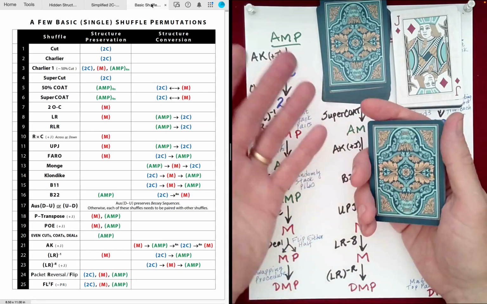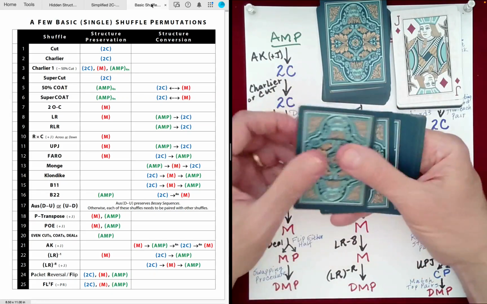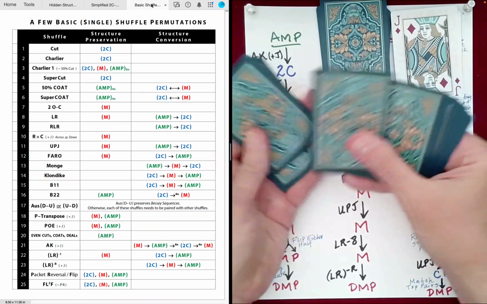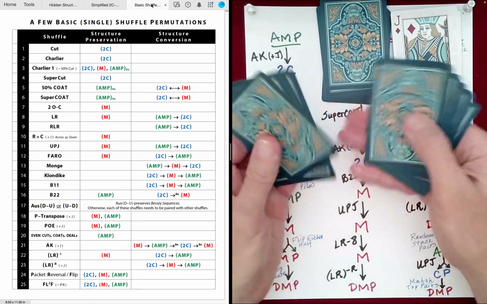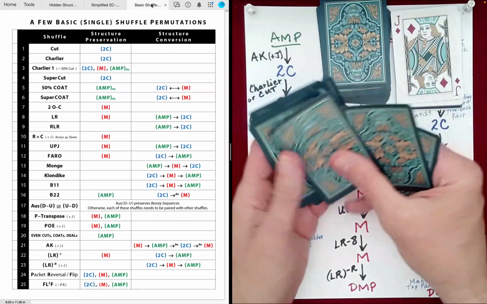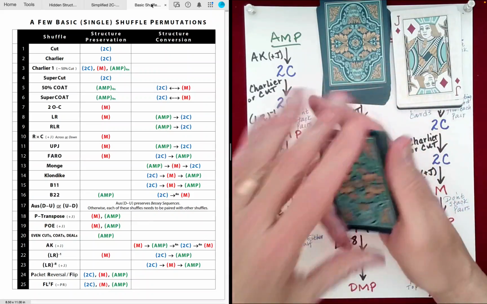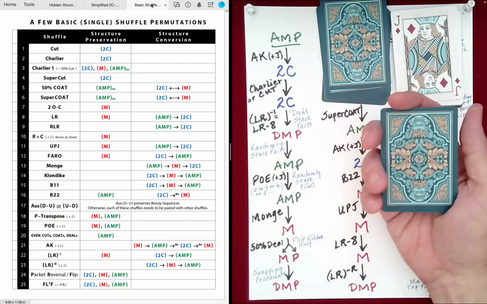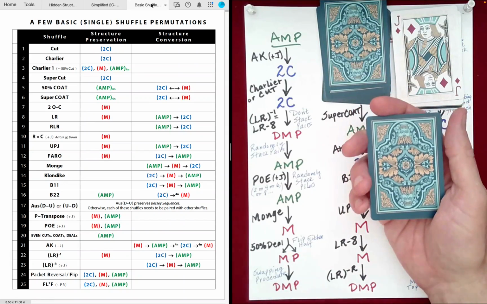And you can give the spectator that choice. So maybe they'll go with the over-under, over-under, over-under, over-under, over-under, over-under, over-under, over. Okay, we are guaranteed to now have a mirrored packet, and once it's mirrored, you can do LR shuffles.